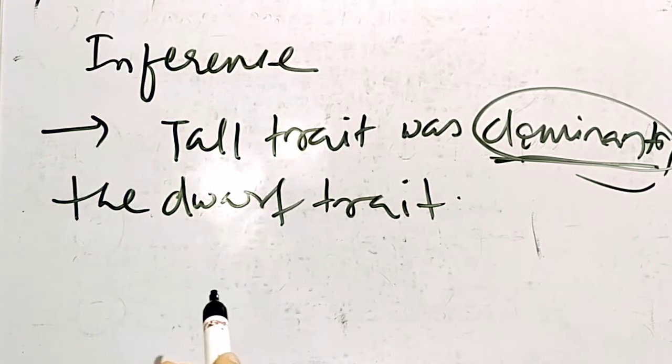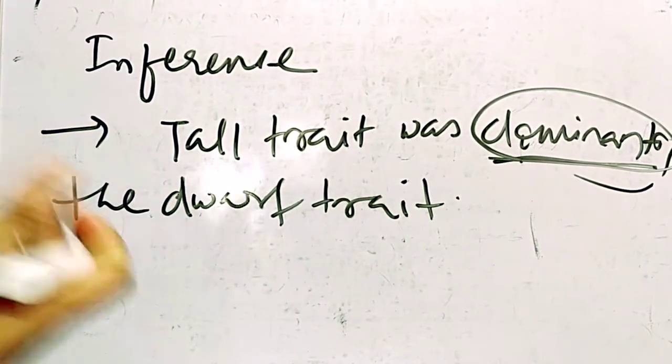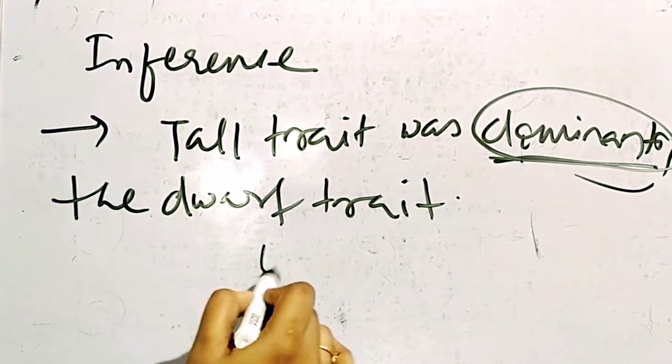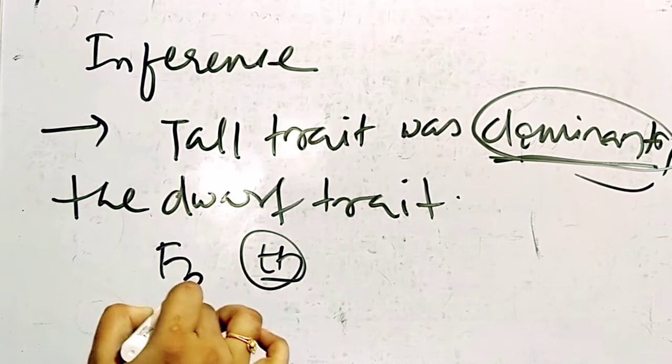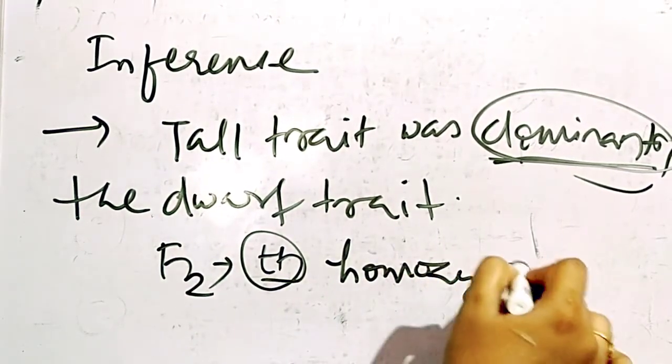But when self pollination, or selfing, was carried out, the dwarf trait was visible in the F2 generation, but only in the homozygous condition.